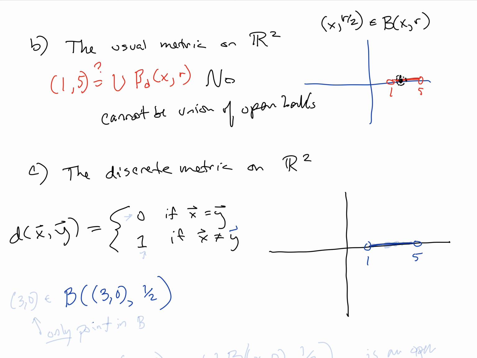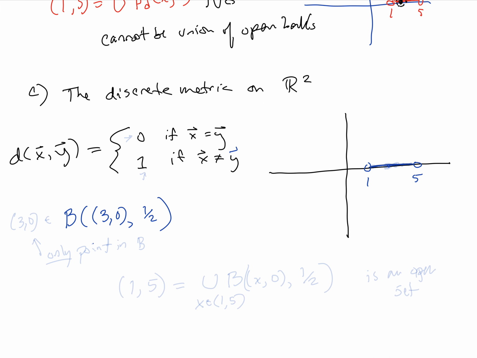What are elements of that open ball? What can be in there? Anything of distance less than 1/2. Well, the distance is either 0 or 1. So the only things of distance less than 1/2 are the point itself. So the point (3, 0) is in that ball, and it's the only point in that ball.